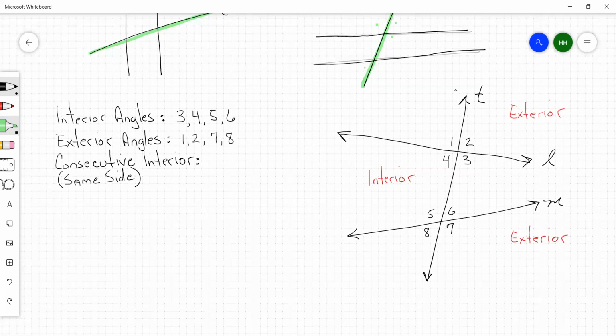So consecutive interior angles are on the same side of the transversal. There are two pairs. 3 and 6 are one pair. The other pair of consecutive interior angles are 4 and 5.